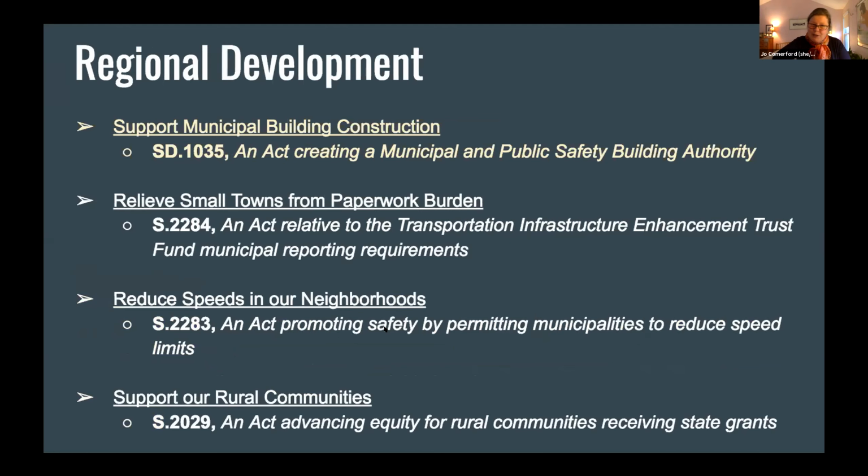Regional development. There's a lot we could say about regional development and our municipalities, but let me just say that we have a fund to build libraries, we have a fund to build schools, but there's nothing to help towns build or rehabilitate town halls, or build fire stations or DPW complexes that are needed to maintain the well-being of a town.